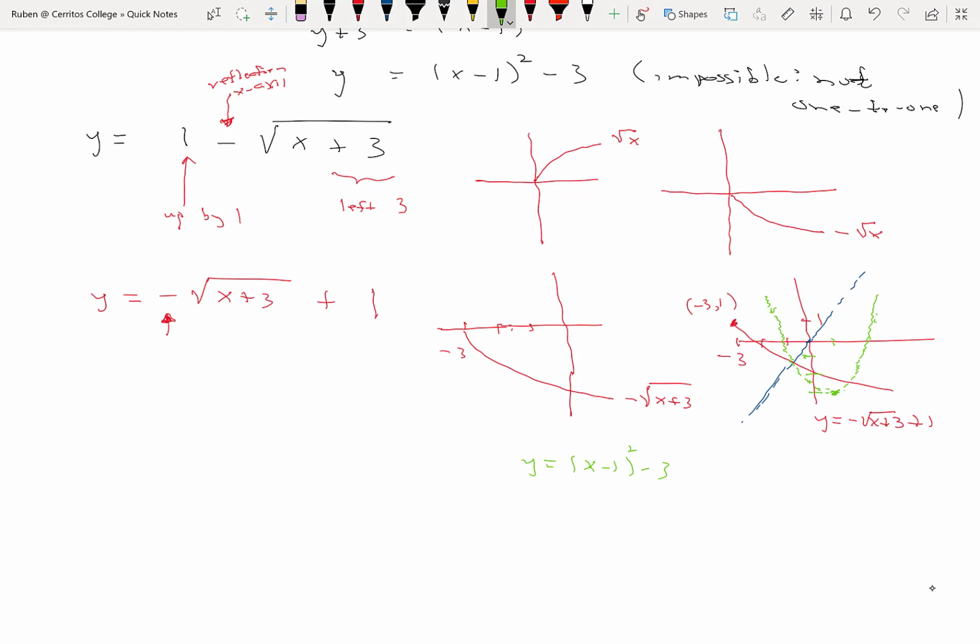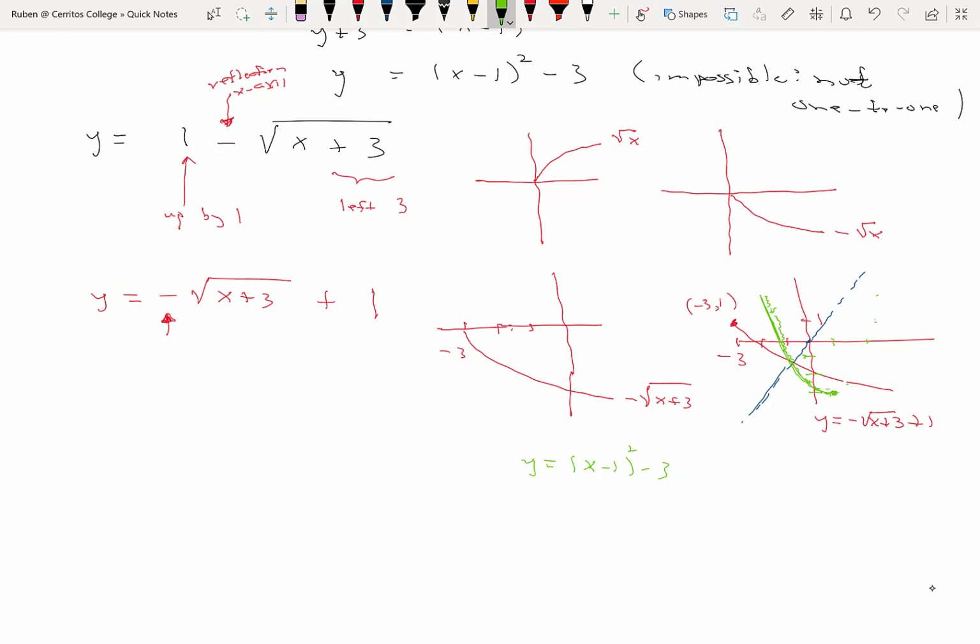So if I eliminate the right branch of that parabola, with my eraser here, then what I'm left with, my graphs are sometimes a little funky, but this looks like it should be symmetric about the line y equals x.